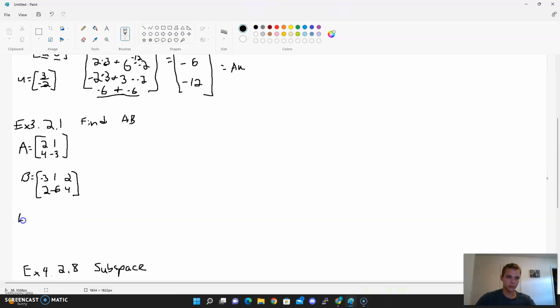So the way I do this personally, I break it up into B1, which is minus 3 and 2. And B2 will be 1 and minus 6. And then B3 will be 2 and 4.